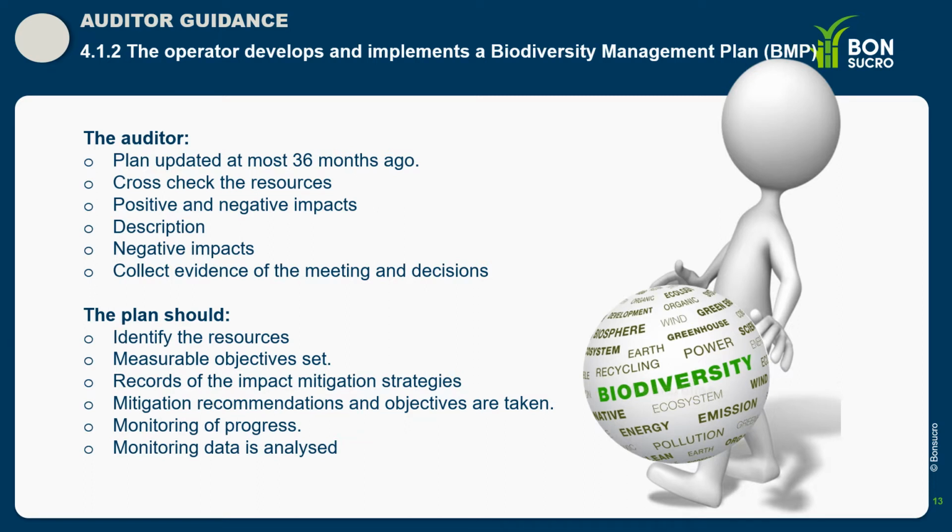This is very important. So how the company monitors the progress, how the company has continuous improvement of this plan to be sure that the impacts and measurements are going in a good way.